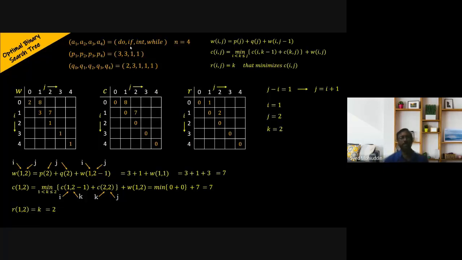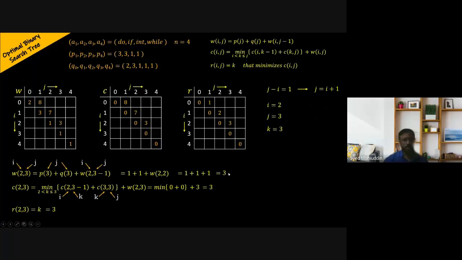The same equation we have computed. We computed the value of W from 1 to 2, which is 7, and C of 1 to 2 will be 7 itself, and the root is 2 because k is 2, and that is if made the root node. In the same way we fill up 2, 3.